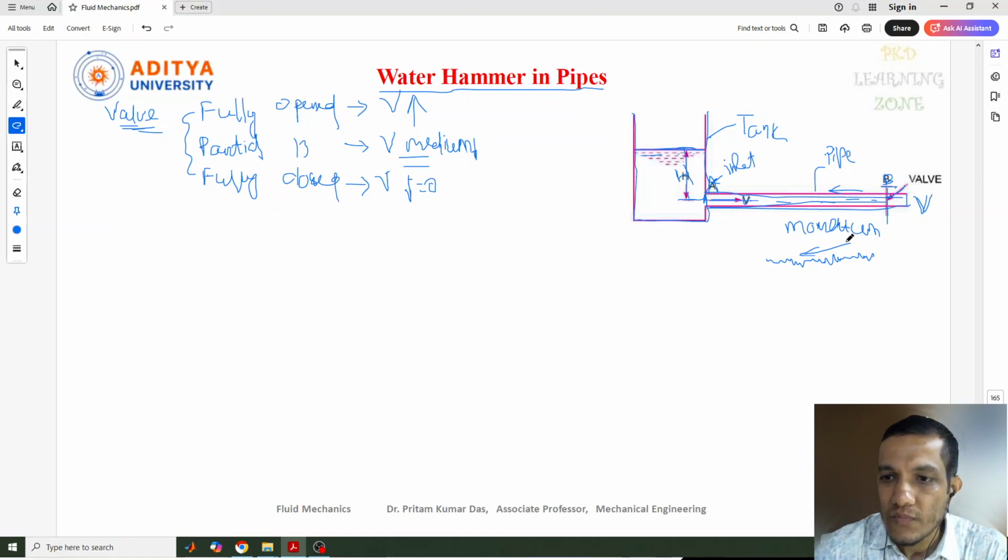So a waveform will be formed, as I told you, and it will start travelling backward.